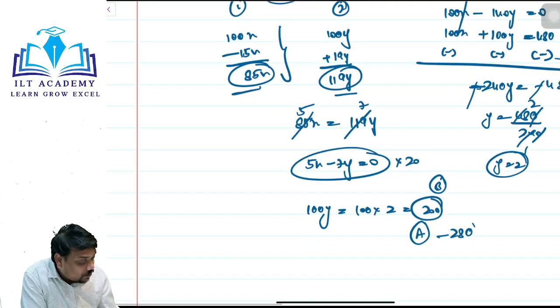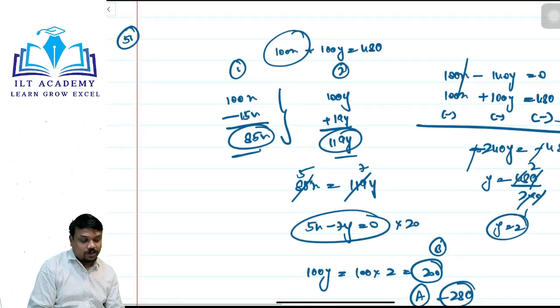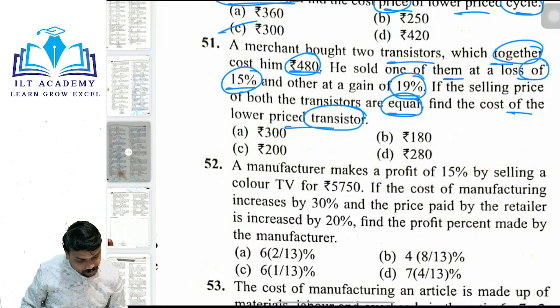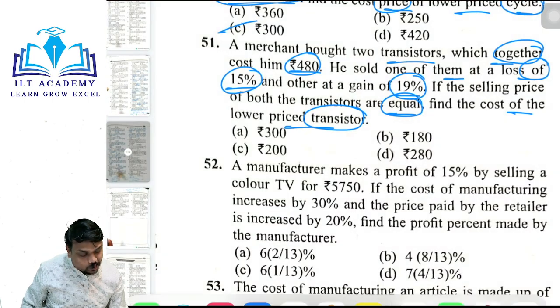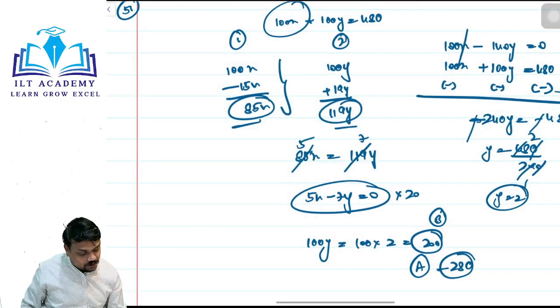Okay, clear. Because both together is 480. What is the question they asked? What is the lower priced transistor? Lower priced is 200.